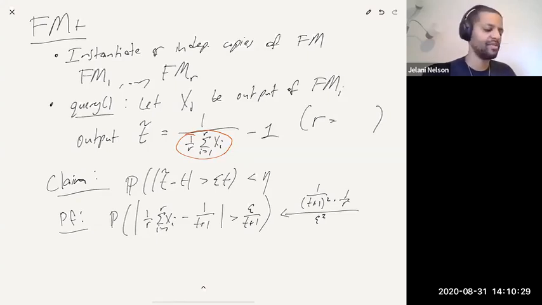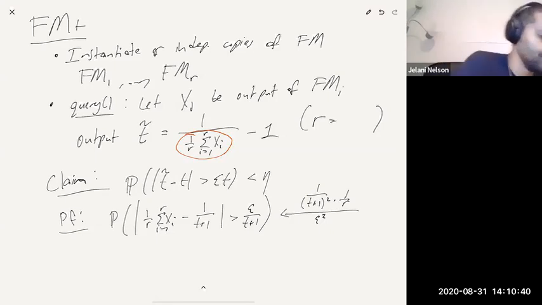That's exactly what we saw before for the Morris plus, when we were talking about Morris last week, Wednesday. So we gain this factor of 1 over R in the numerator. This is the variance in the numerator. And in the denominator, we have the right-hand side squared, so that's epsilon squared over (t plus 1) squared. And then stuff cancels, right? (t plus 1) squared cancels here.